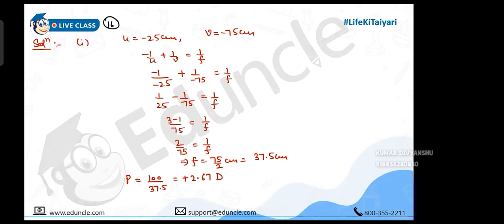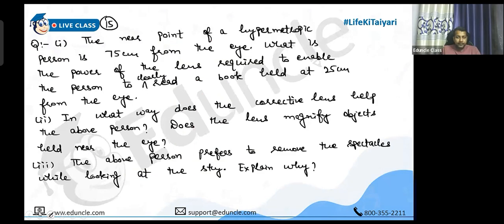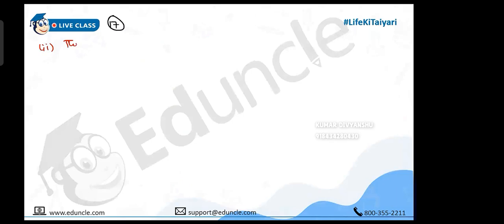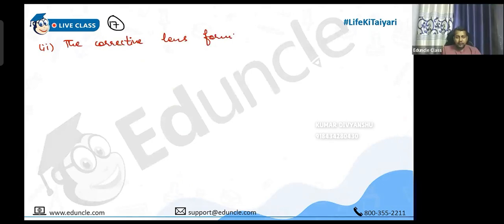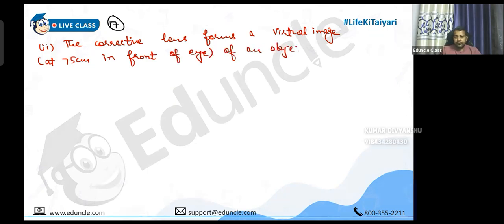So what the lens is doing? Now we have to write that part for the second case. The corrective lens forms a virtual image at 75 centimeter in front of the eye of an object at 25 centimeter.